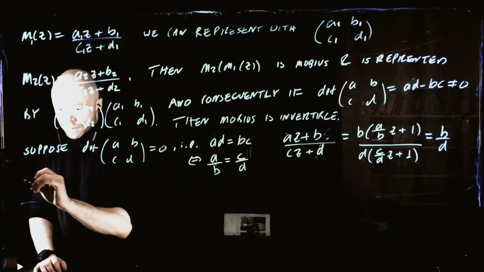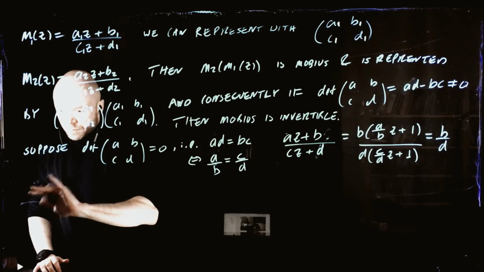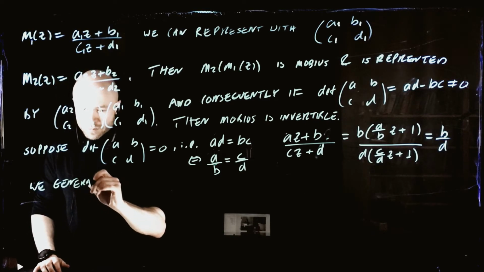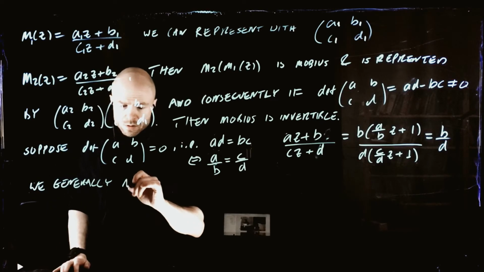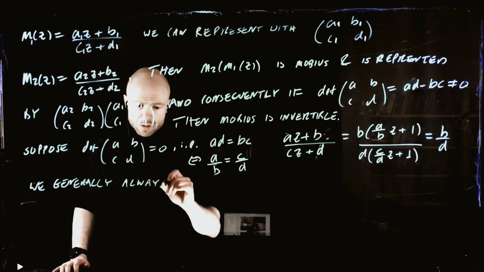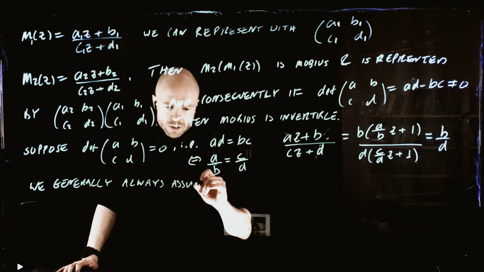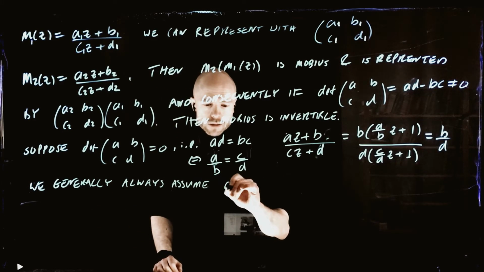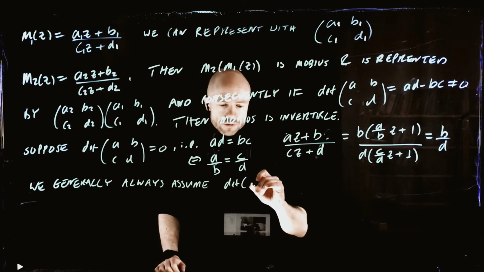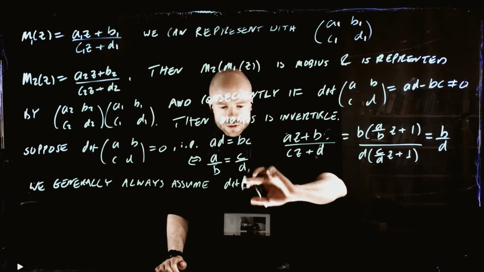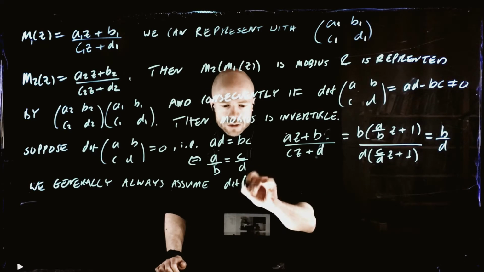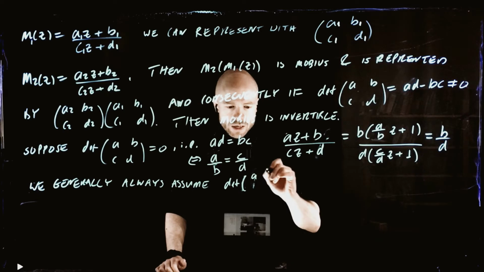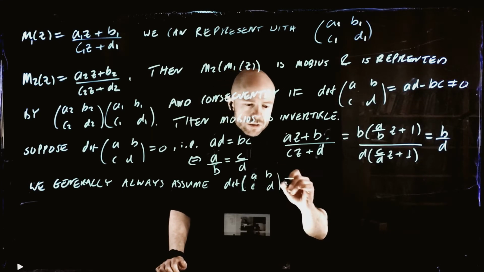So we generally always assume that this is not the case, that the determinant of the matrix A, B, C, D is not equal to 0.